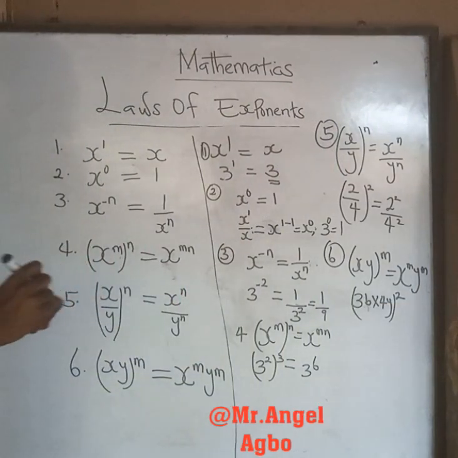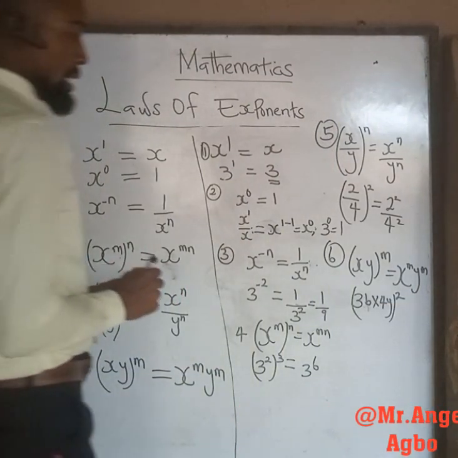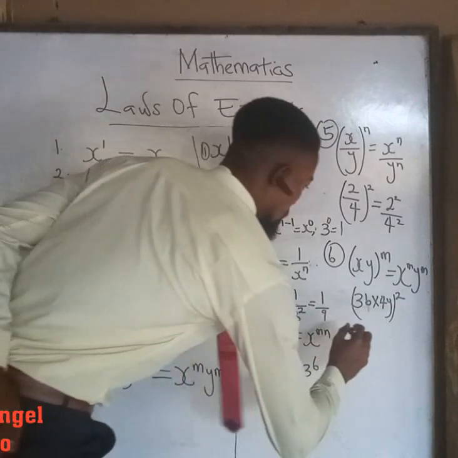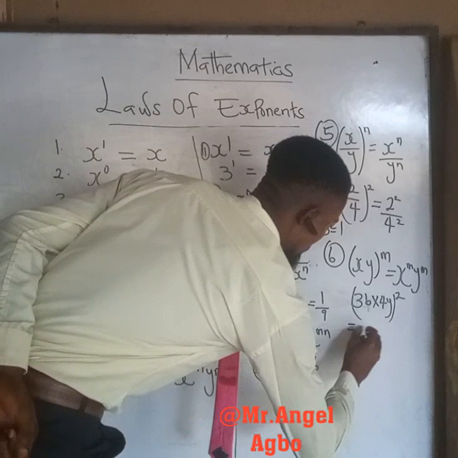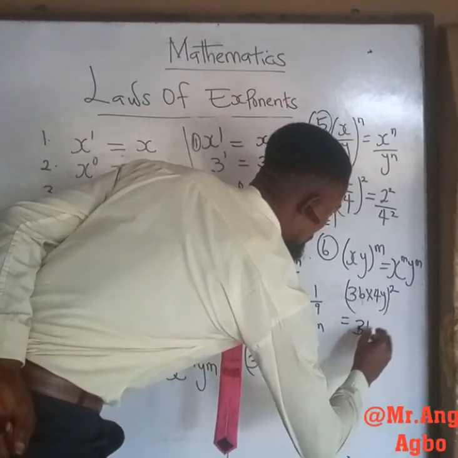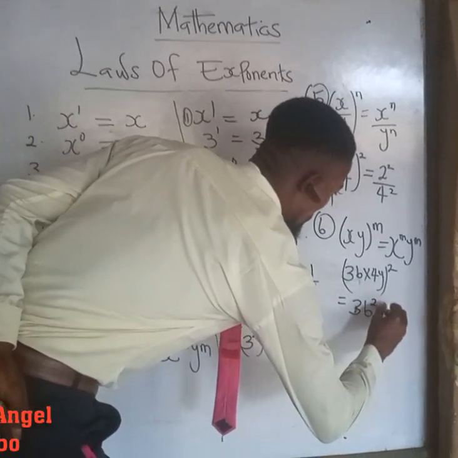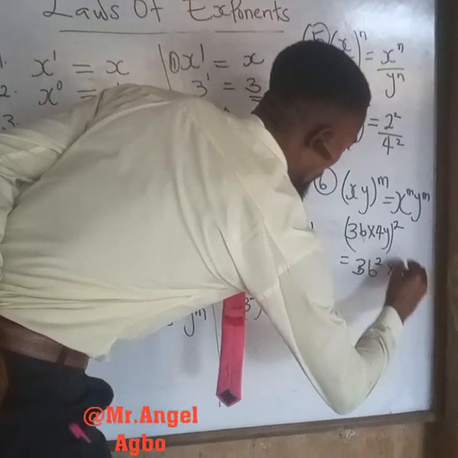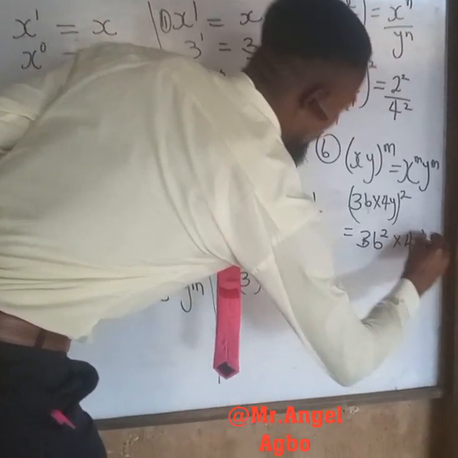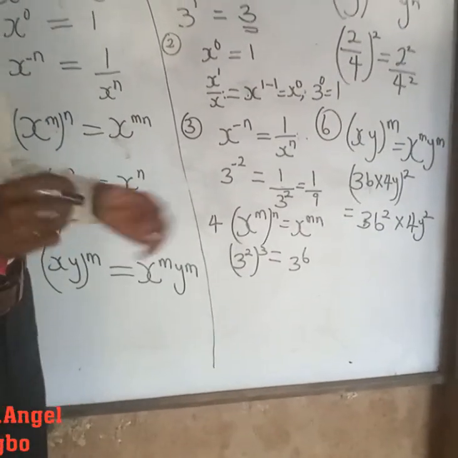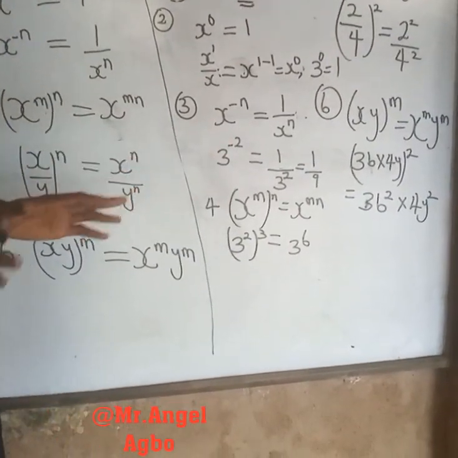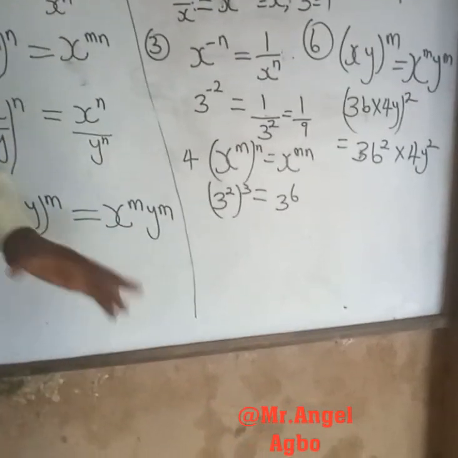Let's put it this way. Now, it's going to be 3b squared multiplied by 4y squared. Do you get that? As simple as it is. This is how it works.